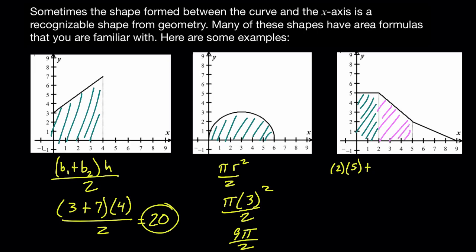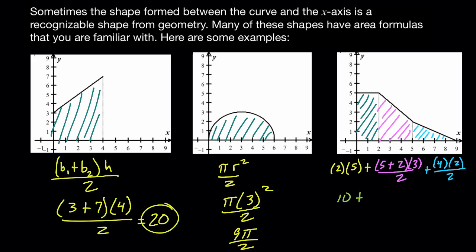So that's going to be base 1 plus base 2 times the height divided by 2. All right. And then we have this triangle over here, which will be plus base, which is 4, times your height, which is 2, divided by 2.